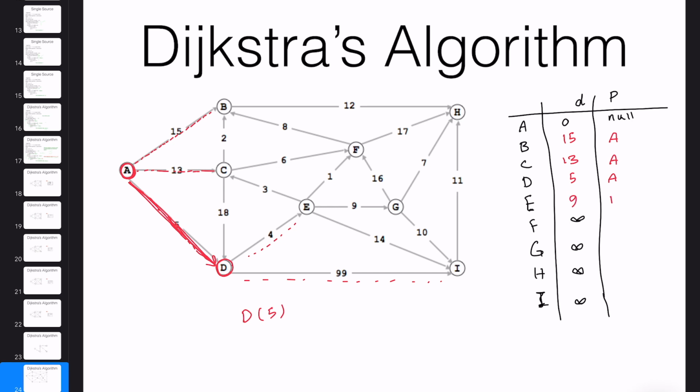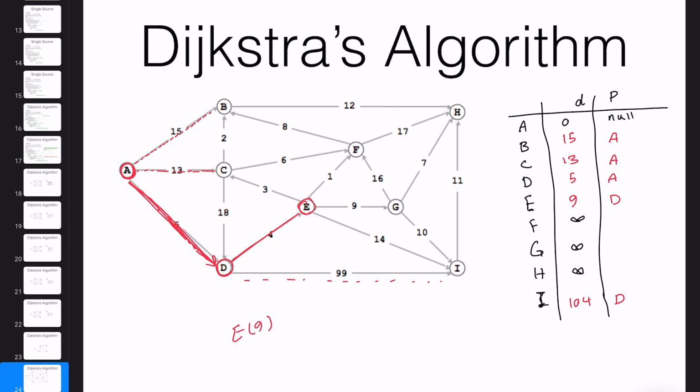The parent will be set to D, and the cost of I also will be updated to 104, 5 plus 99, and the parent will be set to D. Okay, then you check the priority queue and you remove the item with the minimum cost. If you check the priority queue, you can see that the next node with the minimum cost is going to be E, E with the cost 9. So this edge and this node will be added to the tree.